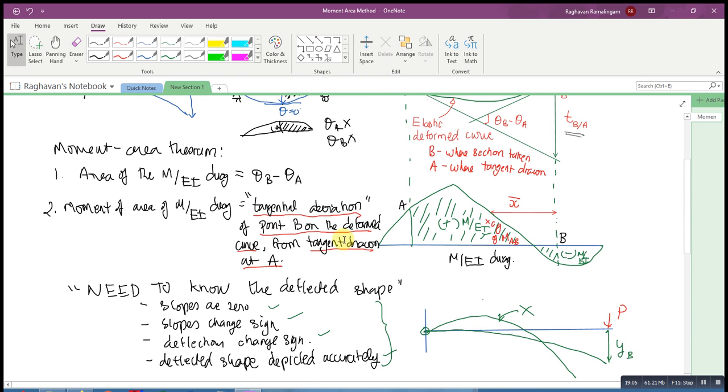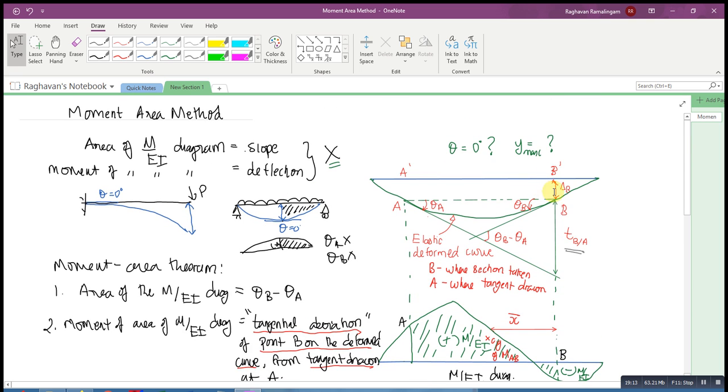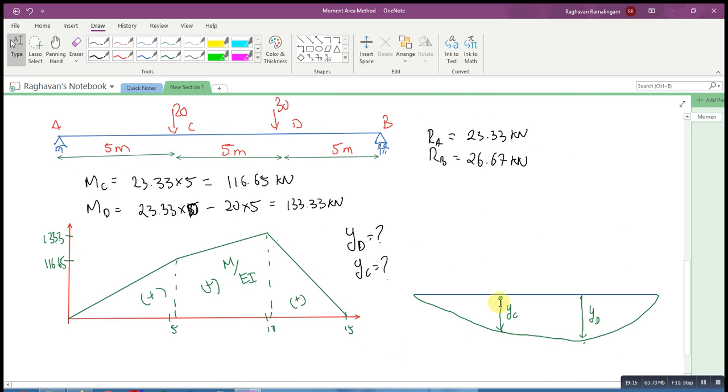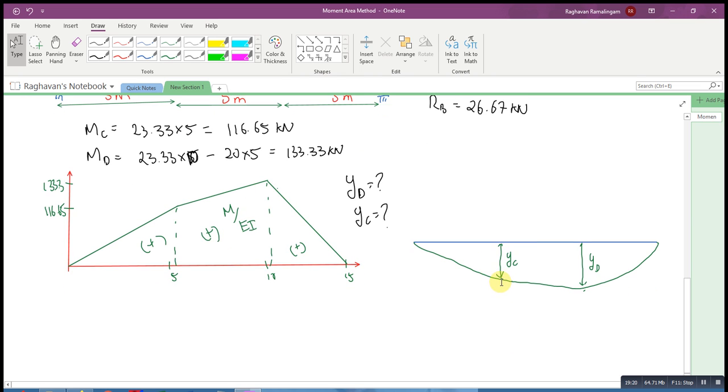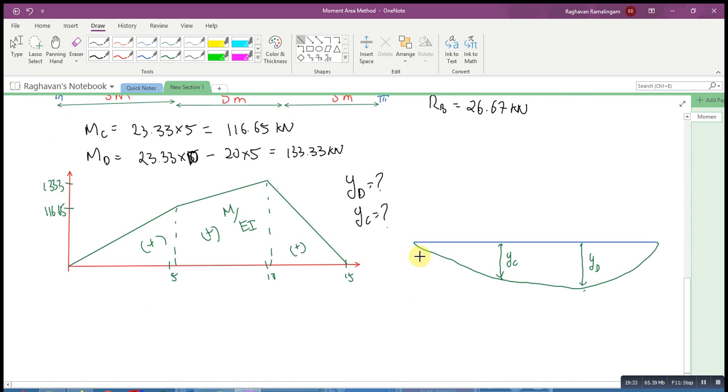Now, what do we choose as A and what do we choose as B? The tangential deviation is required at the location where I want the deflection. In this case, I want deflections at C and D. So I need to get tangential deviations underneath C and D. The best thing to do is take one end, probably end A, and draw a tangent at A. I hope this is looking something like a tangent.